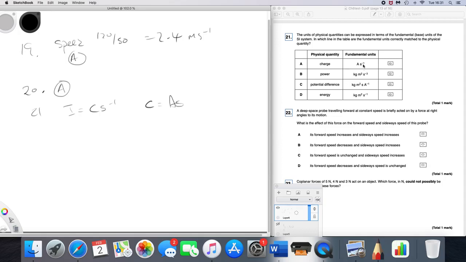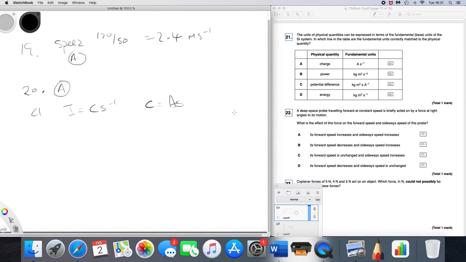So that's not right, because that's amps per second. Power, kilograms meter squared per second to the minus 3. Well, we've come across this before. So you might look back and say, I know B is right. But you would work it out just like I did before, and you'd find that B is right.